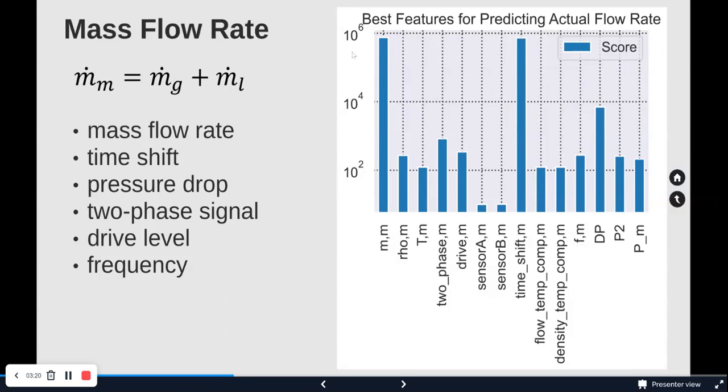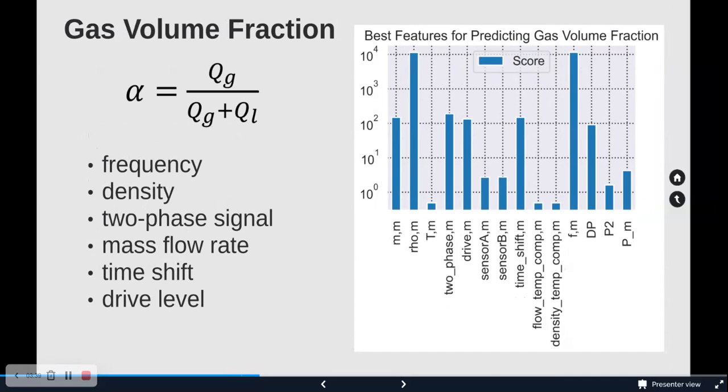One thing that I'd like to point out is that the scale on this is logarithmic. So the apparent mass flow rate really, really dominates predicting the actual mass flow rate. This isn't super surprising, but for the gas volume fraction, these were the 6 features that I included in my models.